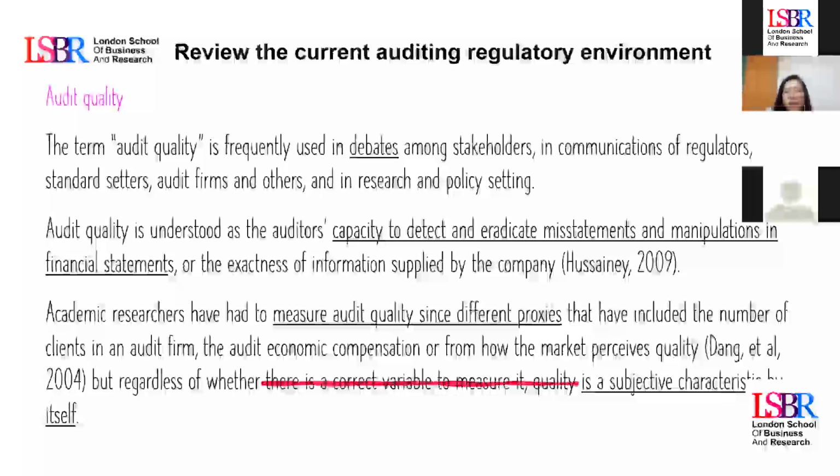Let's say that in terms of external audit, the external auditor needs to detect all the errors and all the manipulations in order to provide financial statements that reflect the economic situation in the company.